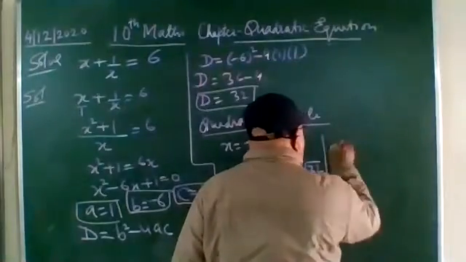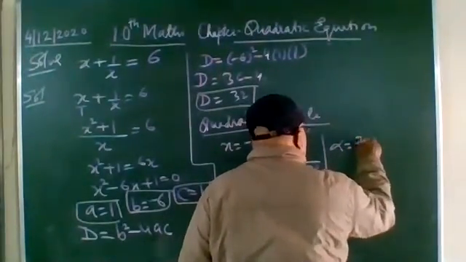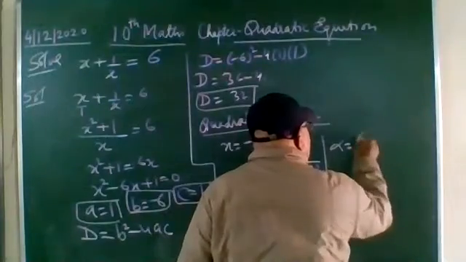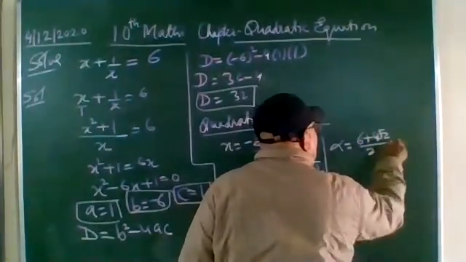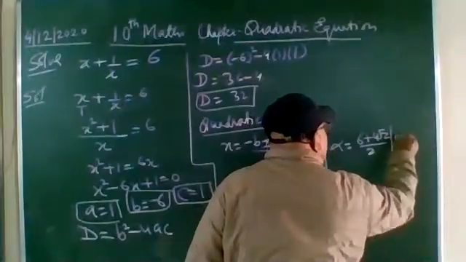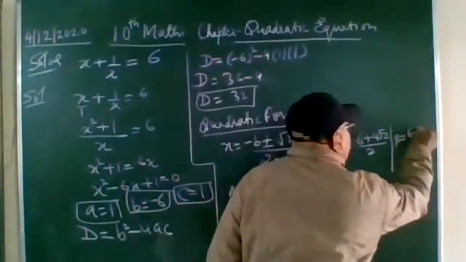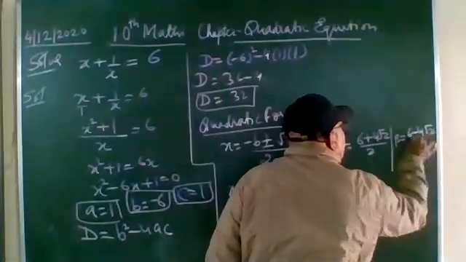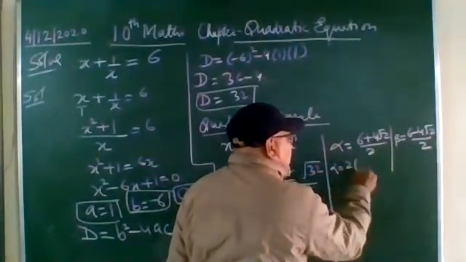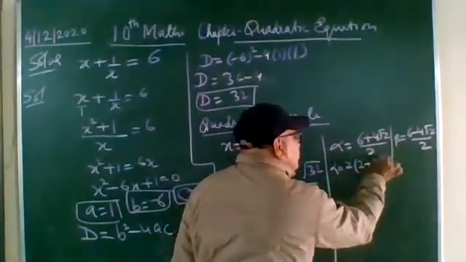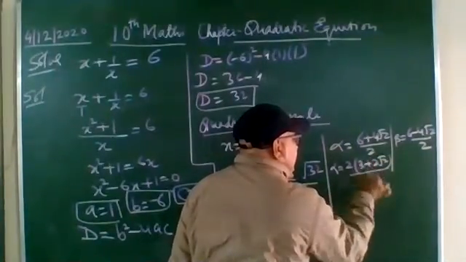Now alpha is what? 2 common, first 6 plus 4 root 2 upon 2. Beta is 6 minus 4 root 2 upon 2. Alpha, 2 common, 2 plus 2 root 2 upon 2.